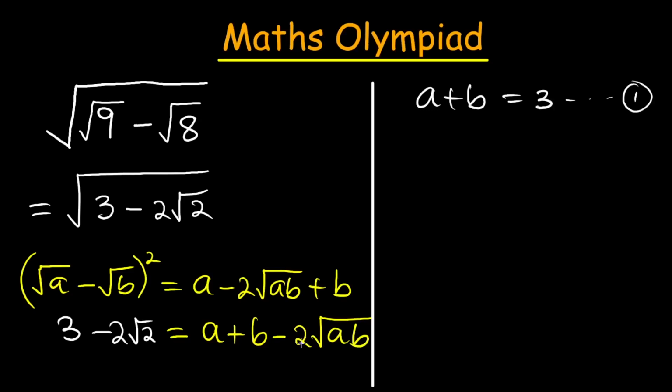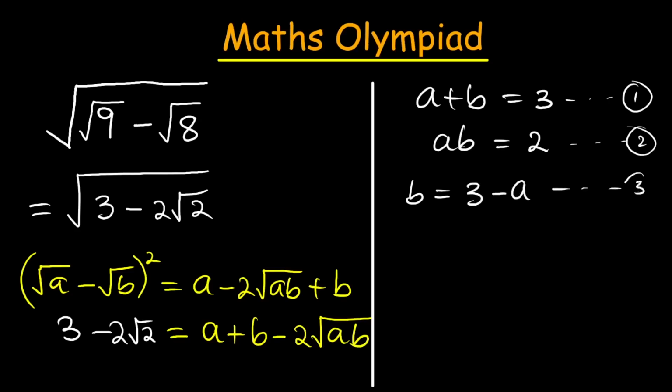And I have here 2 root ab, so by comparison, ab is equal to 2. That gives me equation 2. Now from equation 1, b is equal to 3 minus a, making b subject of formula. That gives me equation 3.